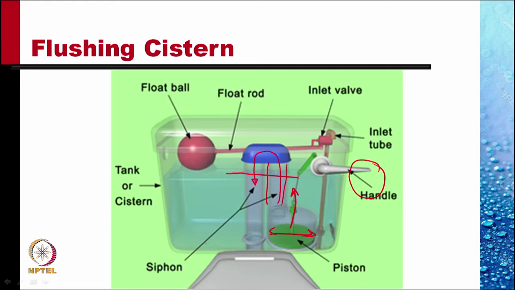The water level rises and flows down, and once this tube flows full, it will not stop till all the water in the tank or the cistern is emptied. And so this results in a flush in the toilet.